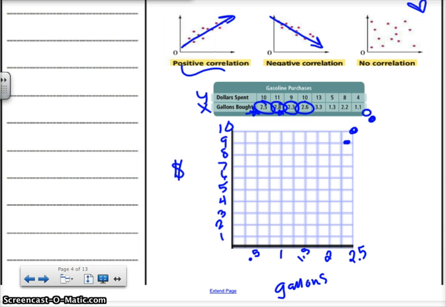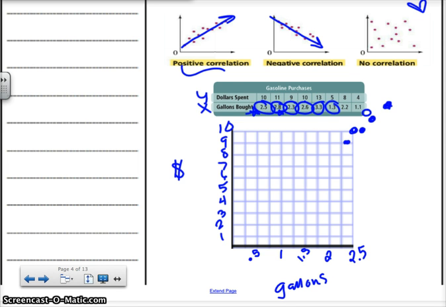2.6, I spent 10 bucks. Now notice they're looking close together. That tells me that I probably have a correlation. There's a relationship going on. 3.3, oh darn it. 3.3, I spent 13 bucks. I would be approximately right there. I'm off the chart. Oops. I forgot about 3.3. 1.3, I spent $5.